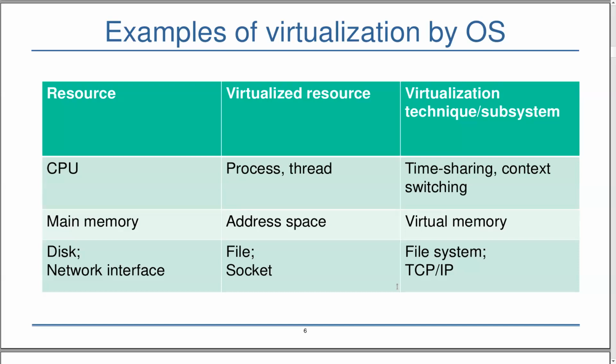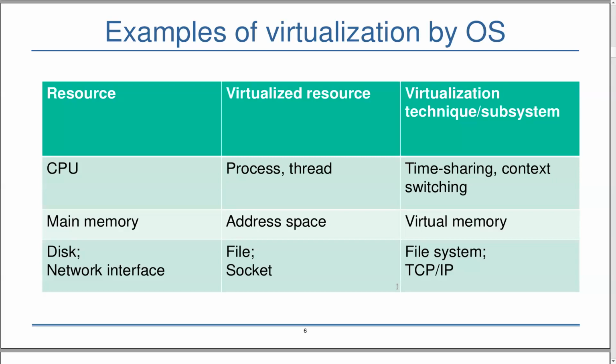So therefore, we can reasonably say a process or a thread is a virtualized resource for CPU. I guess if you already know about this, it's kind of straightforward. If you haven't heard about it, that will come up soon. So don't worry about this.